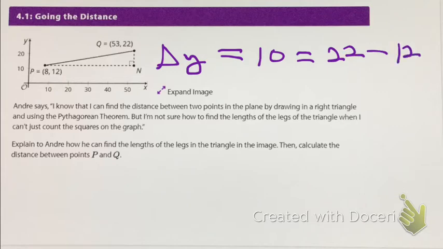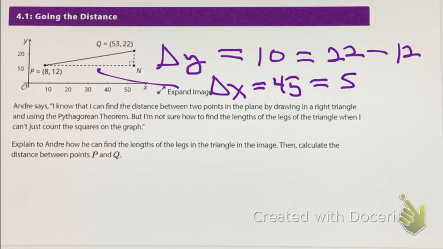And same thing for the change in x. From 53 to 8, or from 8 to 53, it's still 45. But usually it's a subtraction thing. So if we did 22 minus 12, we would do 53 minus 8. It's kind of like an end minus start idea.